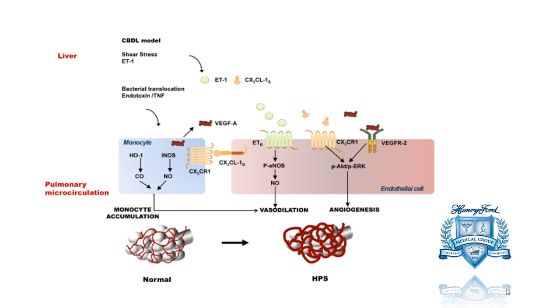And what happens is, when there is inflammation, there is production of endothelin-1, and this activates the nitric oxide synthetase, which results in increased production of nitric oxide in the monocytes, and also aggregates these monocytes to release VEGF, which is vascular endothelial growth factor, and that stimulates angiogenesis.